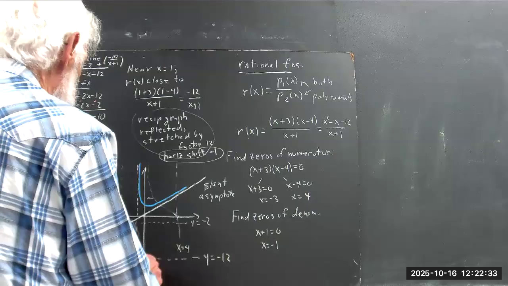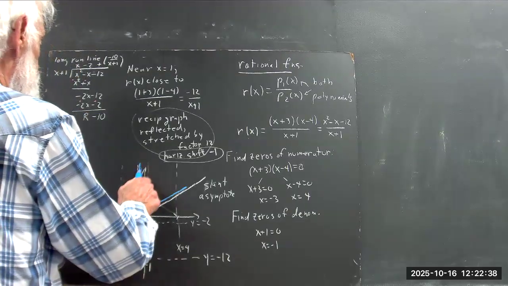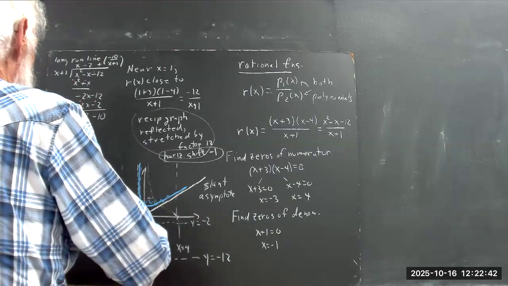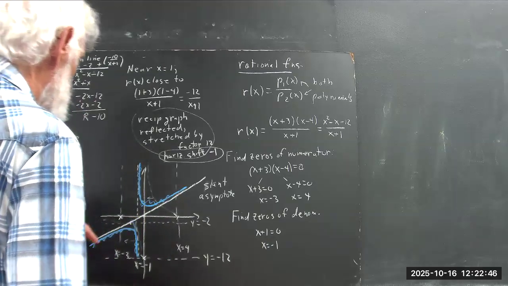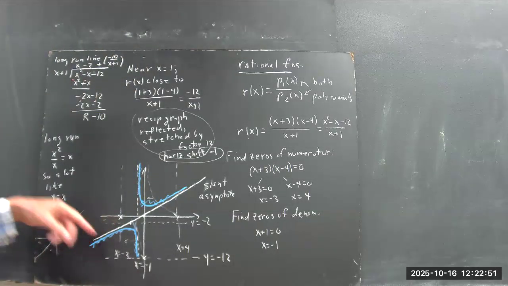This graph has to go through these points. So that blue graph, pretty as it is, we'll just kind of wave it out and draw another color. It comes up from down here, goes through this point.